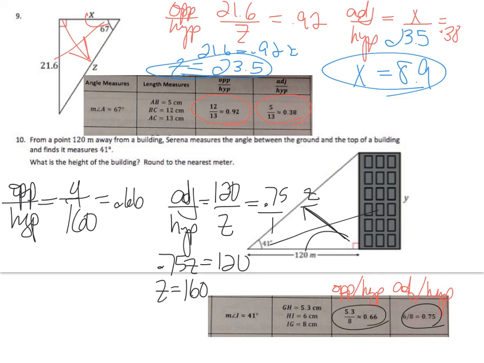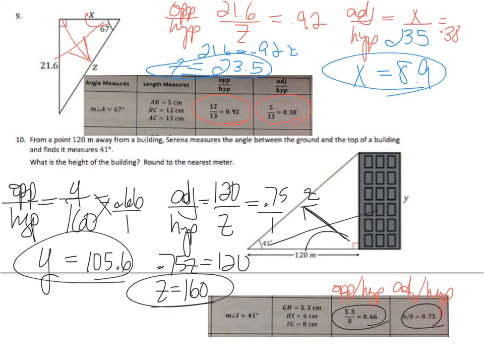Just multiply and I get y equals 105.6. With that one, you can sort of see if it makes sense too. Is my largest value my hypotenuse? Because remember, that side should always be your biggest side because it's across from your biggest angle. Cool?